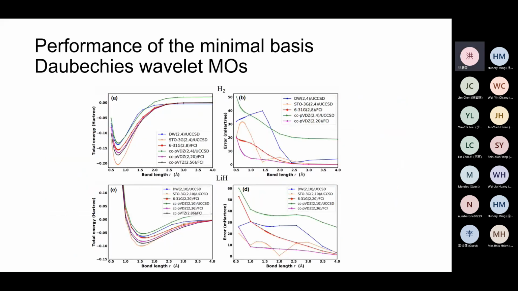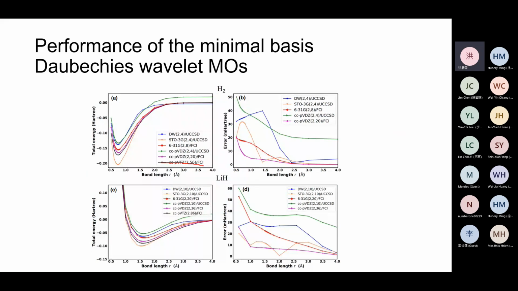Okay, here are the potential energy curve and corresponding errors for molecular hydrogen and lithium hydride. In the right panel, the error is defined as the absolute energy difference with respect to the ground state energy value from the exact diagonalization in the largest affordable Gaussian basis set. That is, we use cc-pVTZ as our reference, and we compute the relative errors with this reference.